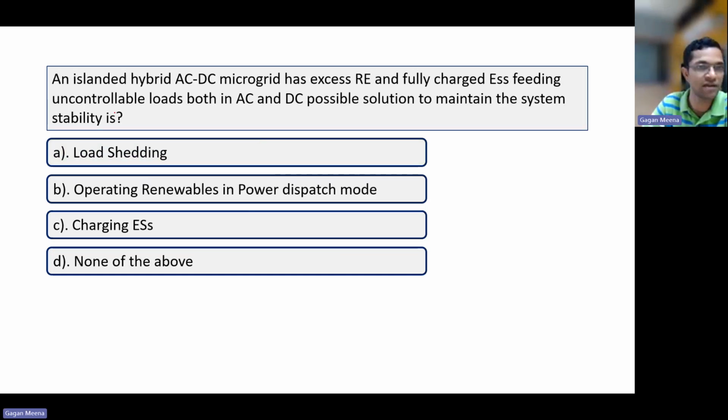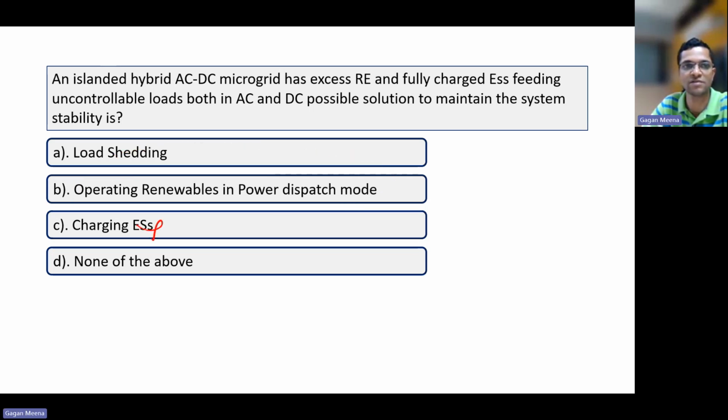And next question, in an islanded hybrid AC/DC microgrid. First of all, it is islanded. Second, it is hybrid, has excess RE and a fully charged ESS, with uncontrolled load in both AC and DC. That means it is operating at MPPT. The possible solution to maintain the system, since generation is excess, is operating the renewable in power dispatch mode.